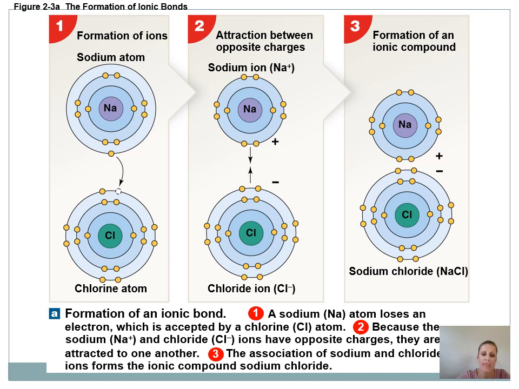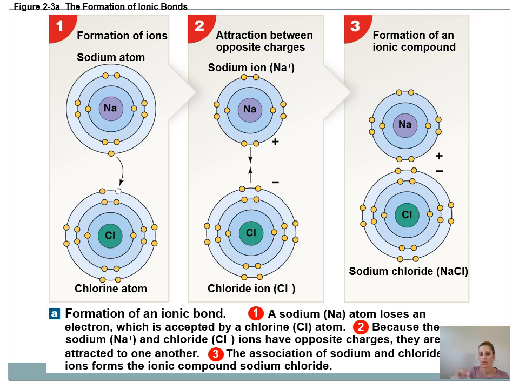However, now it has 18 electrons, right? Still has 17 protons because that's never going to change, but it has 18 electrons. So it's got more negative charges. So if you look here, we say that this is negatively charged. And down here, instead of having a chlorine atom, we have a chloride ion, right? And next to the symbol of Cl, we have this negative sign because it's negatively charged.